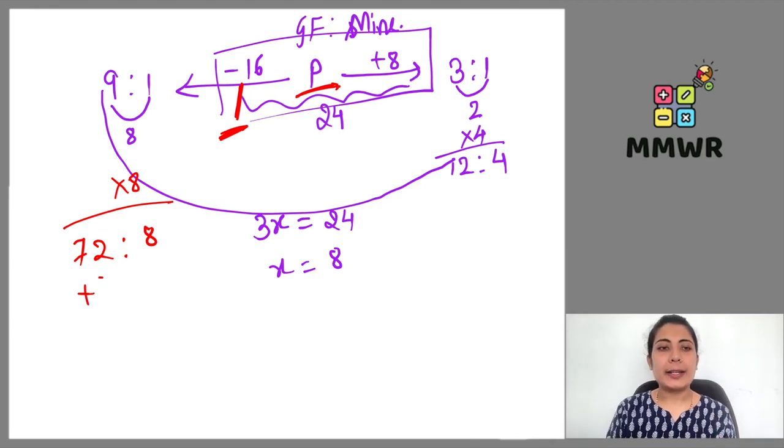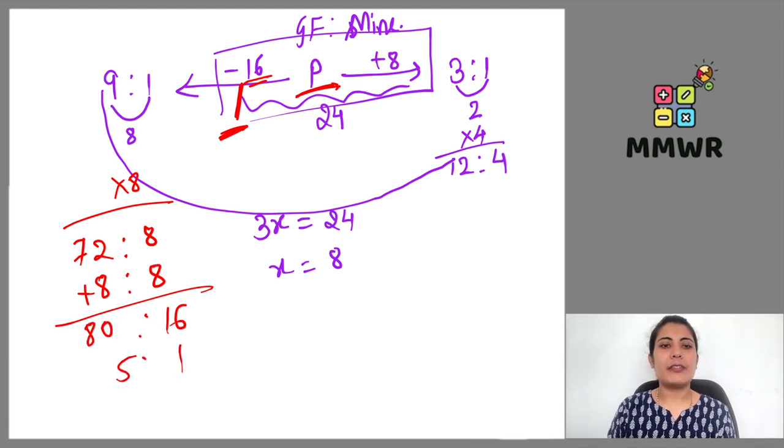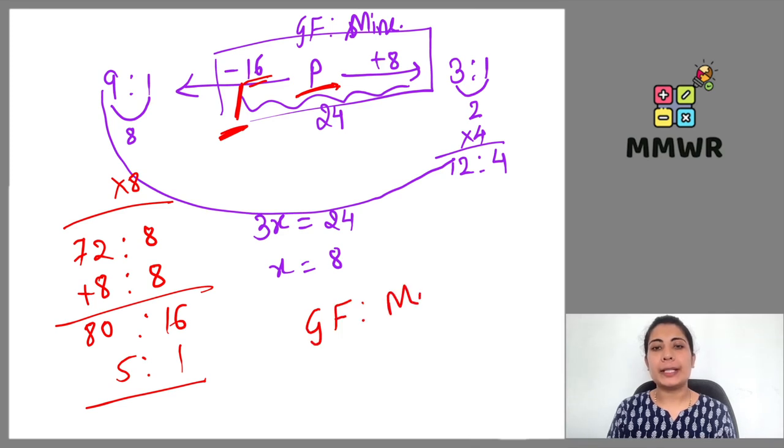Now, if I add 8 into this, that means out of the 16 years I have traveled 8 years. Right? 8 plus 8 is 16 and 72 plus 8 is 80. 16 ones are 16, 16 fives are 80. So this ratio is of grandfather's age with my age. I have to get the ratio of my age with grandfather's, so my age to grandfather's age is going to be 1:5.